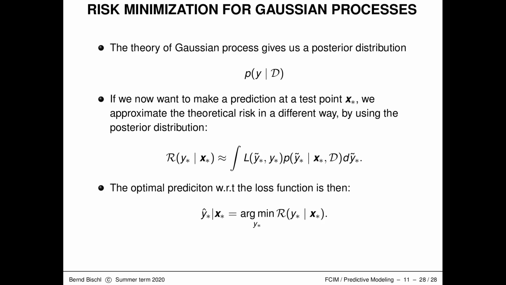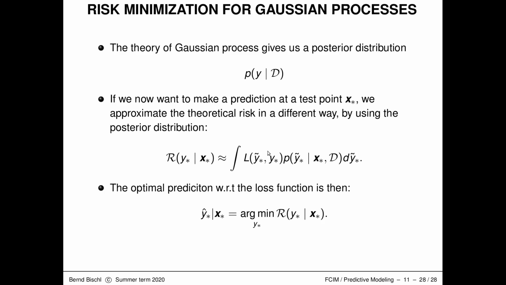We have this complete univariate distribution available to us. And if we now want to talk about a loss optimal point estimator at that location X star, we can calculate that by integrating out over the complete distribution with respect to this loss function, and then picking a certain prediction that's optimal for this loss function. So we simply write down the risk of a point estimator Y star given that we are at the location X star.